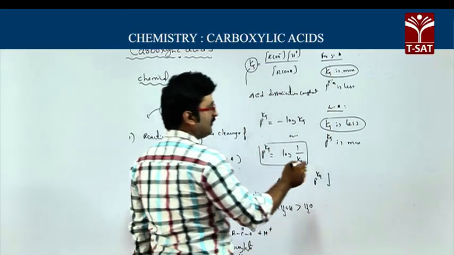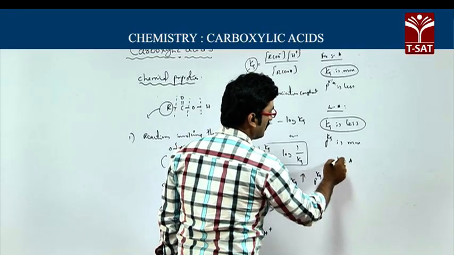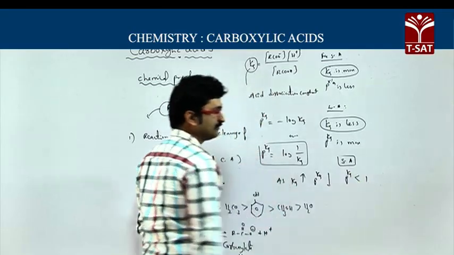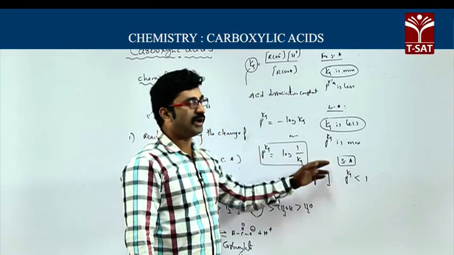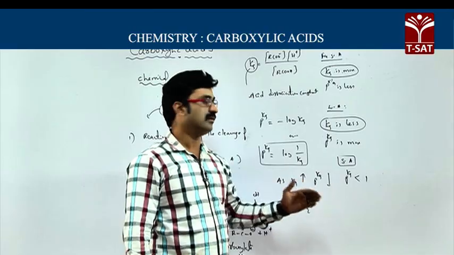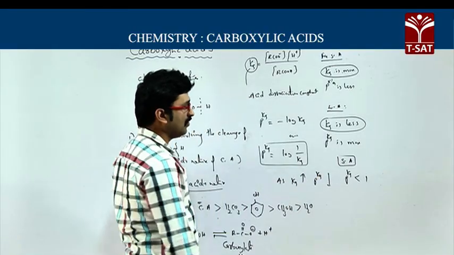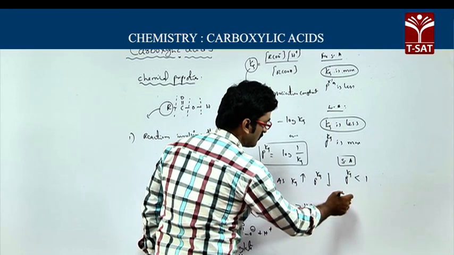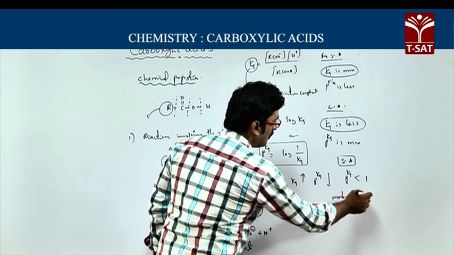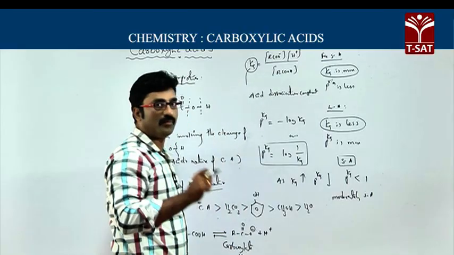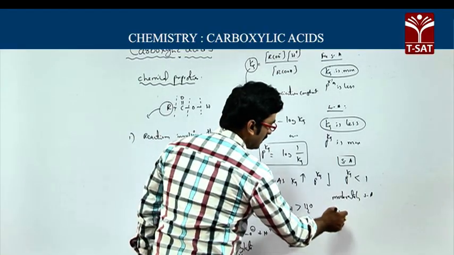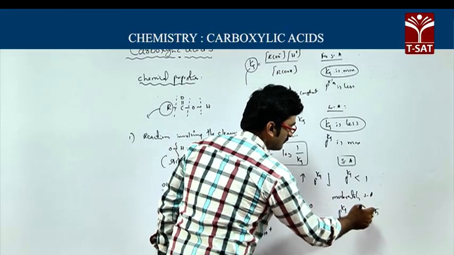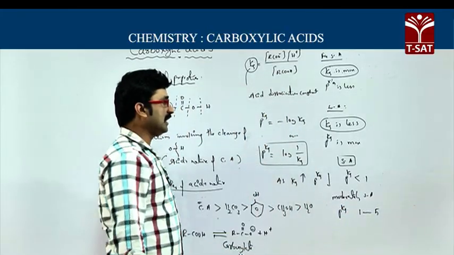And you know that for strong acids, like mineral acids, the pKa value will be less than 1. For moderately strong acids, the value of pKa will be between 1 to 5.